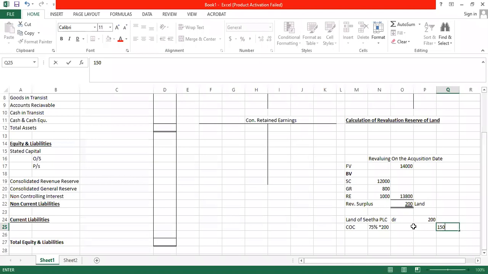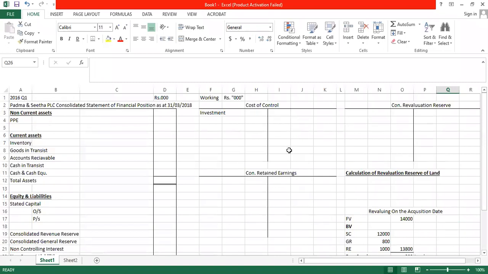It should be credited to cost of control, right? So I put that revaluation reserve. Sorry, it's not revaluation. Revaluation of this comes with land.